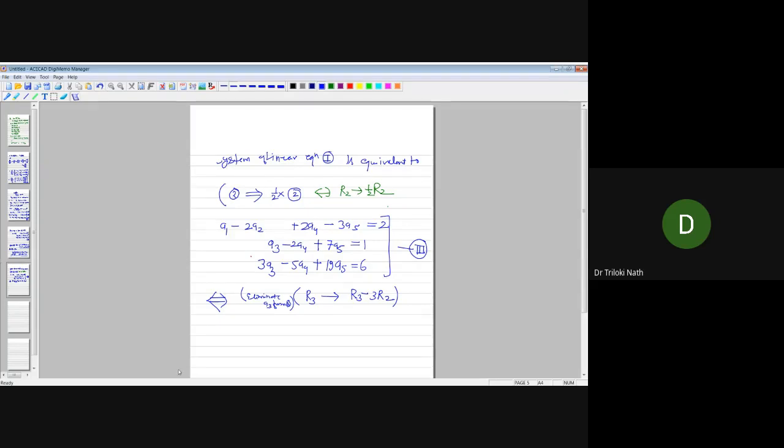So what is the new system? The first equation as it is: a1 minus 2a2 plus 2a4 minus 3a5 equals something. The second equation as it is: a3 minus 2a4 plus 7a5 equals 1. Now the third is going to change, because 3a3 cancels.